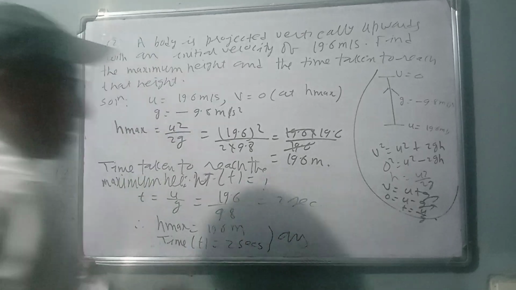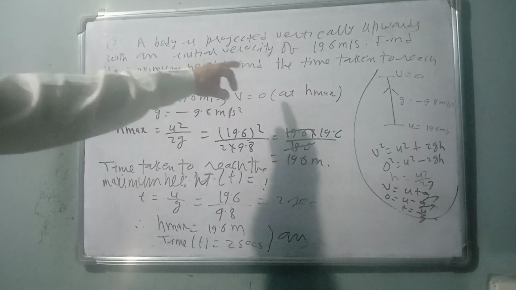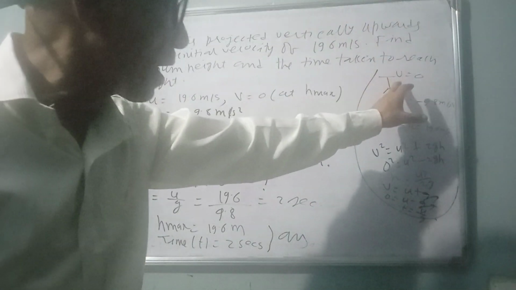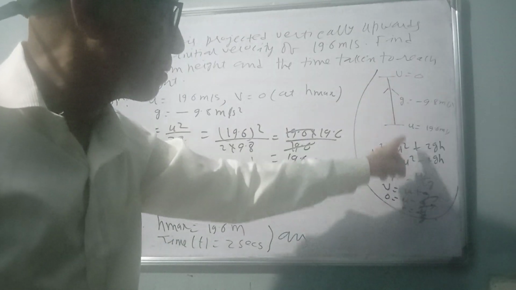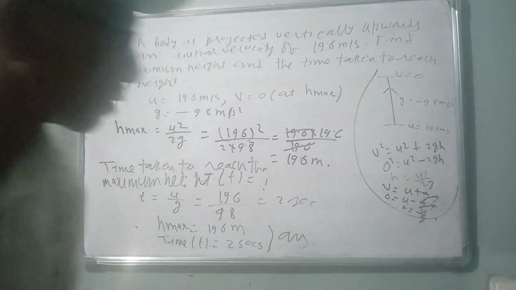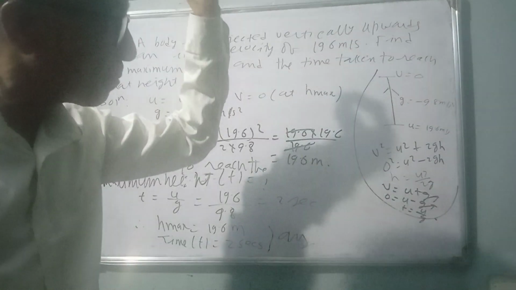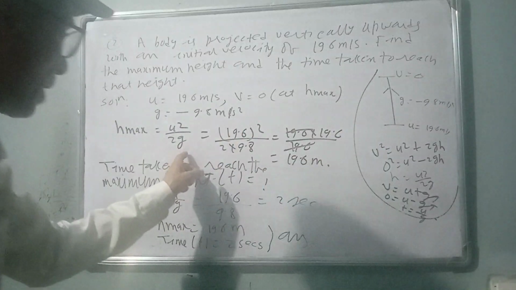Answer. Again, a quick revision. Initial velocity is 19.6 meter per second. Final velocity at the maximum height is 0. It is work done against gravity, because the earth pulls it downwards but we projected it upward. Still it reaches the maximum height in 2 seconds.